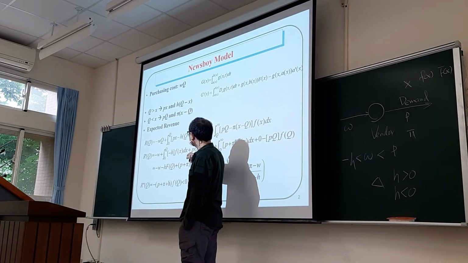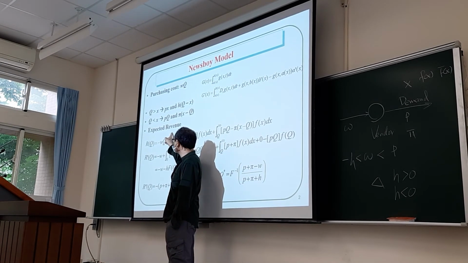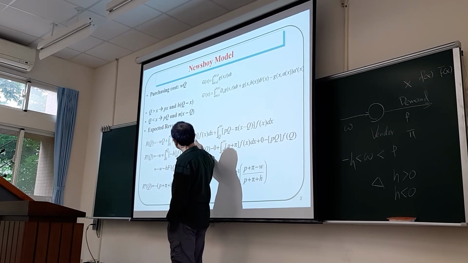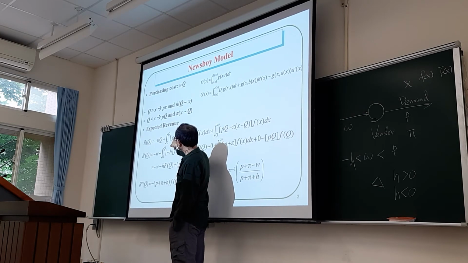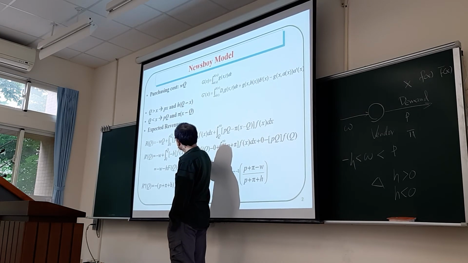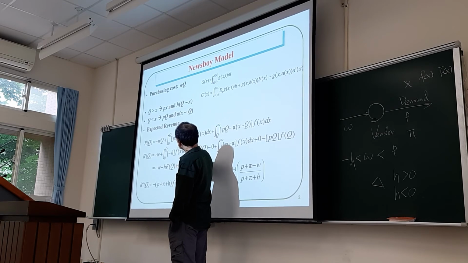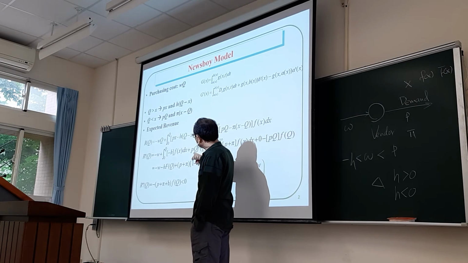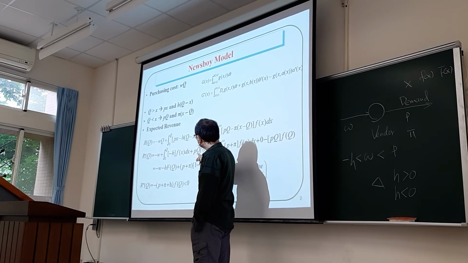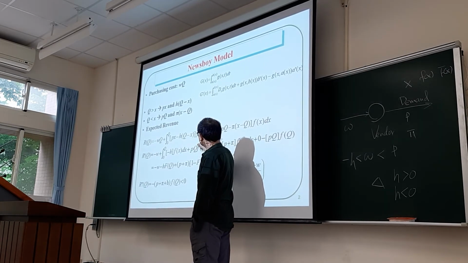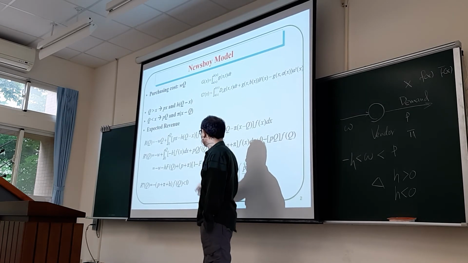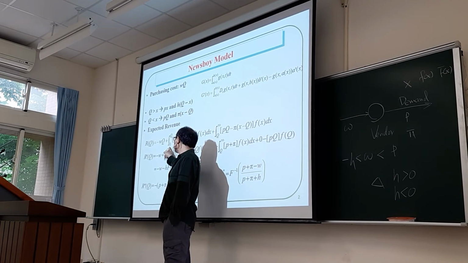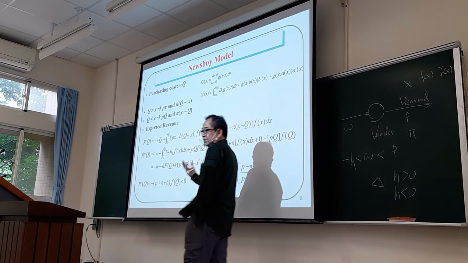Then plus, taking the derivative of this function becomes 1. Plugging q into this, q minus q is 0, so this becomes PQ. And since the lower bound is 0, it disappears.